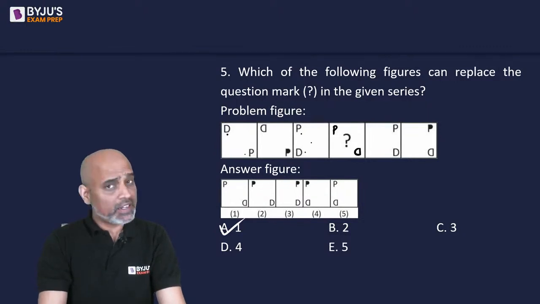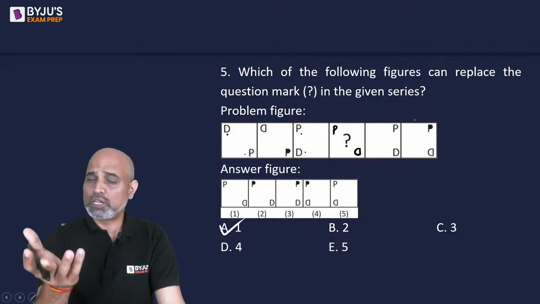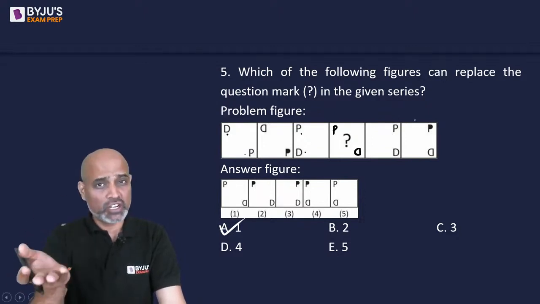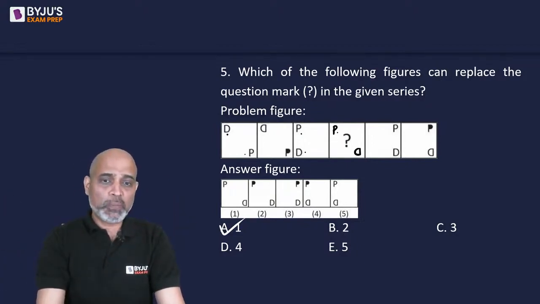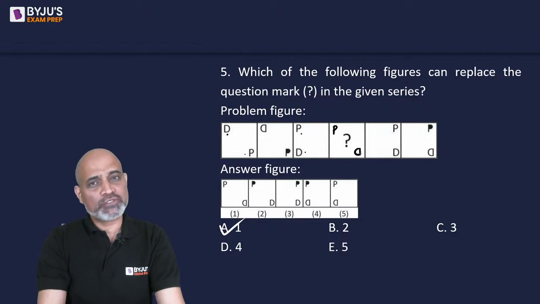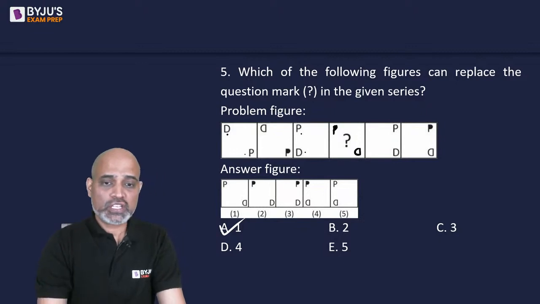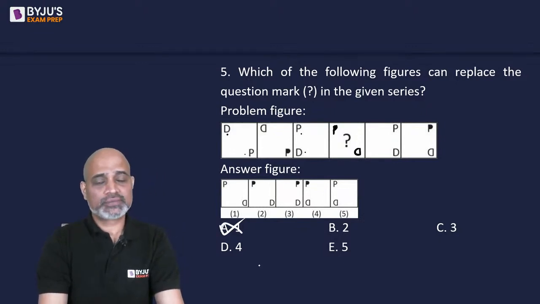Again, we have P and D. But every time P is shaded, as in the semicircular part of P is shaded, D is not D, it's the inverted D. So without P being shaded, how can we have inverted D? This would make sense if P were shaded and we saw inverted D, but here in the first option P is not shaded, right? So obviously the first one will not make sense.